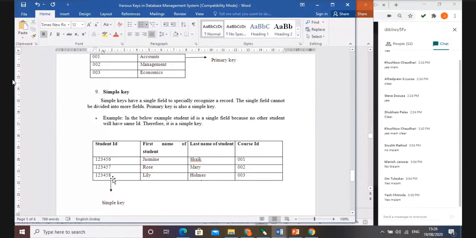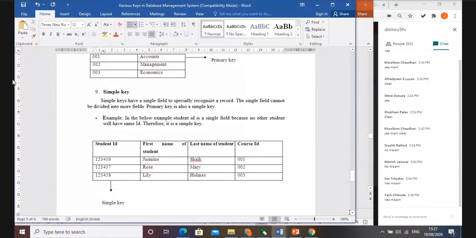Here student ID is taken as the primary key, so it is a simple key. In our case, if we are taking only one attribute, roll number, then it is known as a simple key. So a primary key with one attribute that cannot be divided further is also known as a simple key.